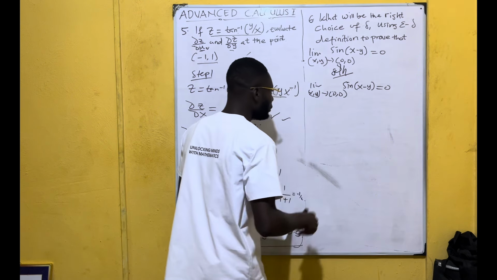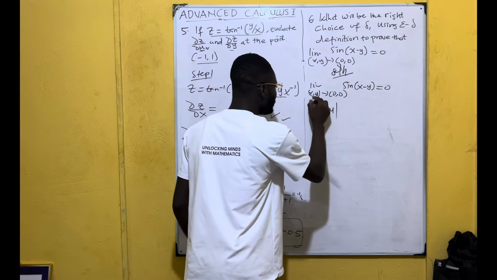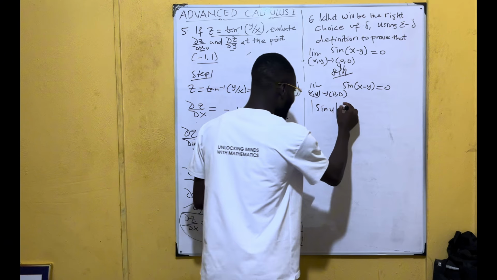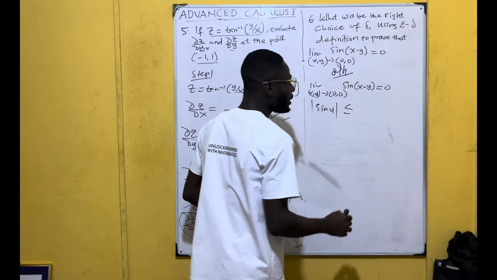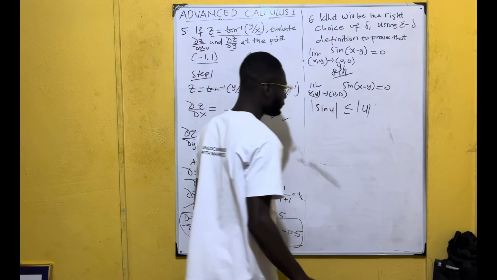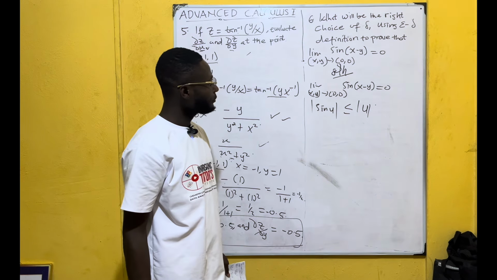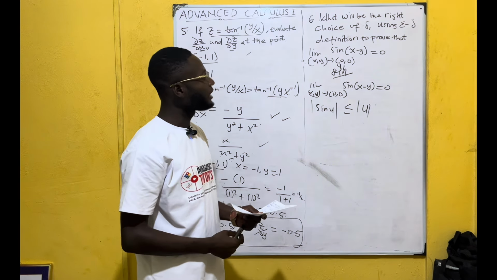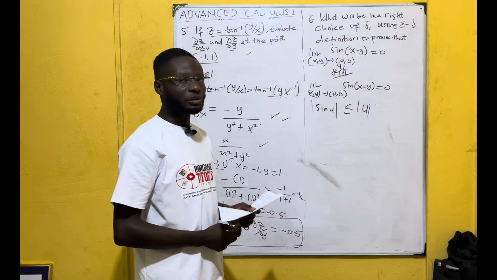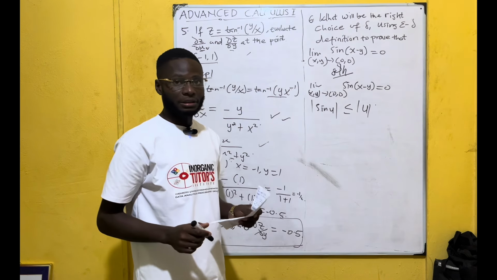Okay, so we know that the absolute value of sine into u is less than or equal to the absolute value of u. That is the inequality property. Now, once we have this, the next thing we have to do is to insert the right expressions, right?